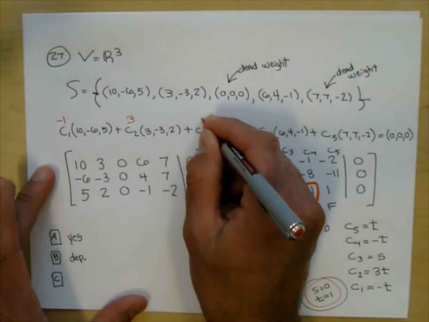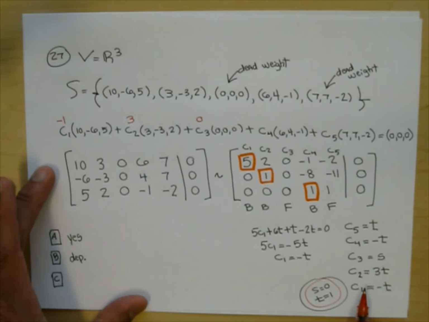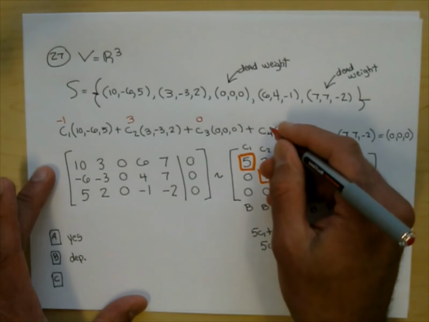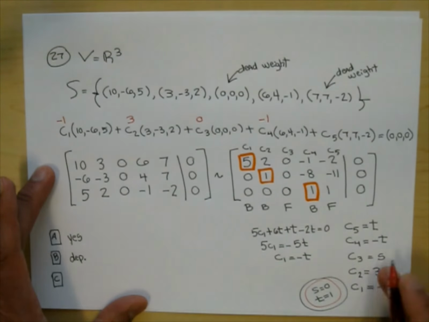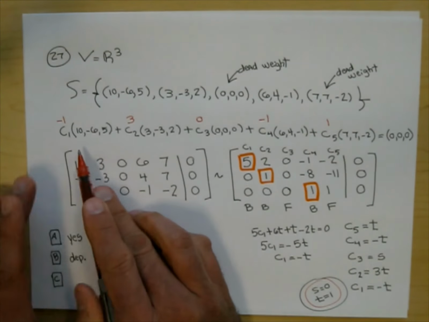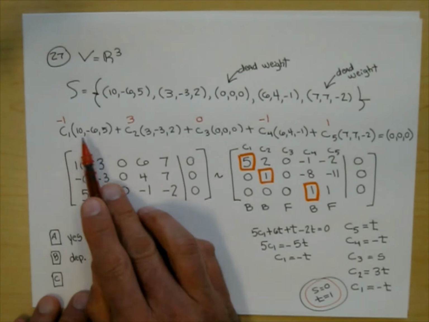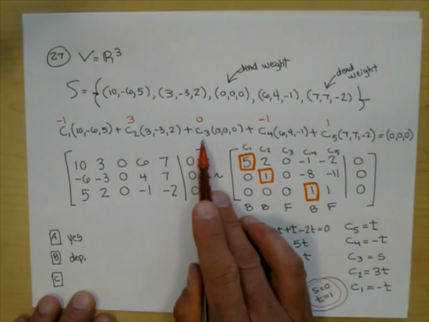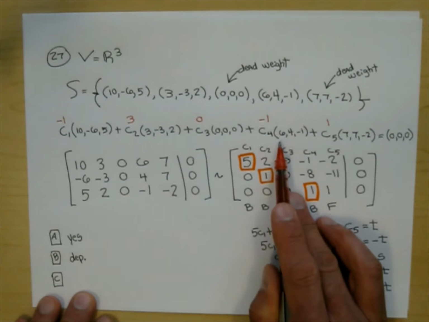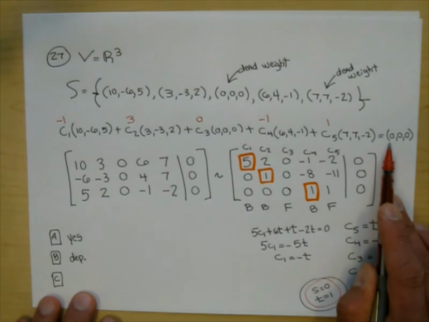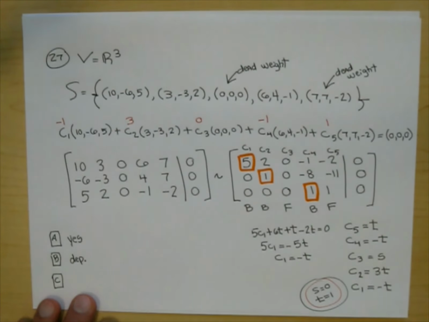We'll just say S is 0. It doesn't matter, that's the 0 vector. And then we have negative 1 there, and 1 there. And you can check to make sure these are correct. This is minus 10 plus 9, so that's negative 1, and then that's 0. Minus 6, which then brings it to negative 7, plus 7 is 0. And you can do that with the other two components.